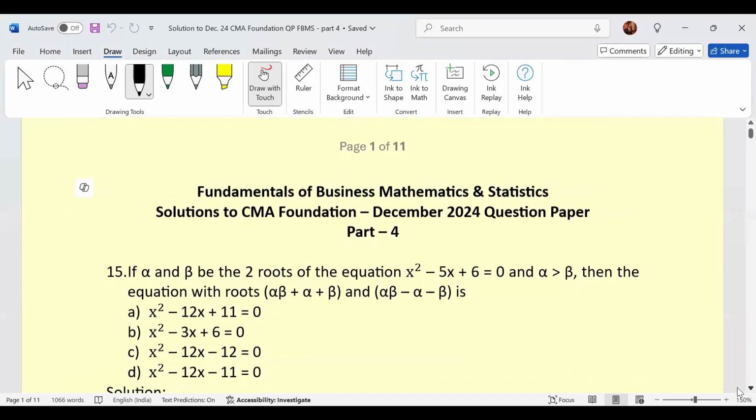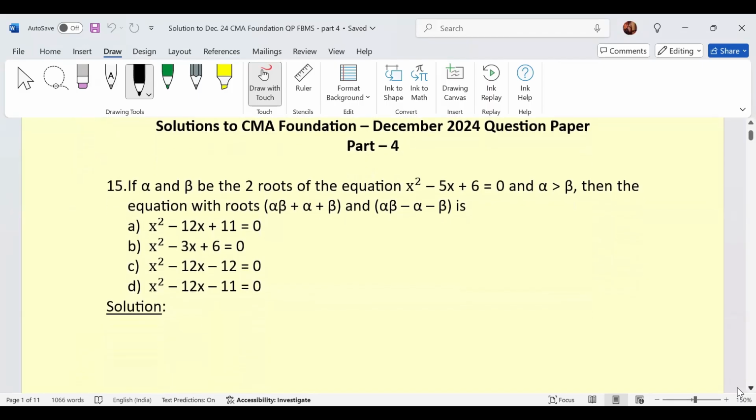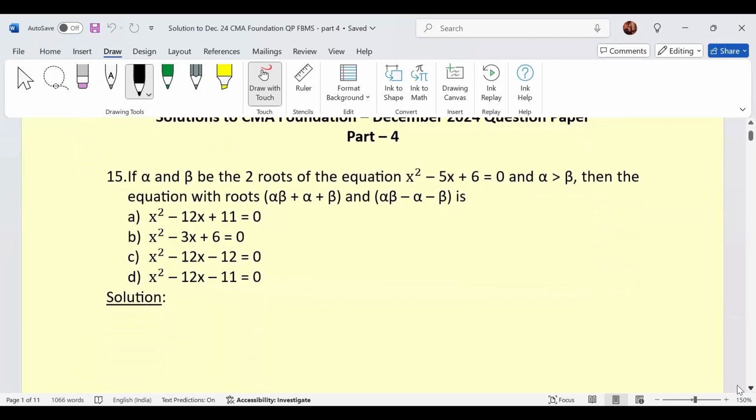Here it says, if alpha and beta be the two roots of the equation x square minus 5x plus 6 equal to 0 and alpha is greater than beta, then the equation with roots alpha plus beta and alpha beta minus beta is what? So primarily they say alpha and beta are the roots of this equation.